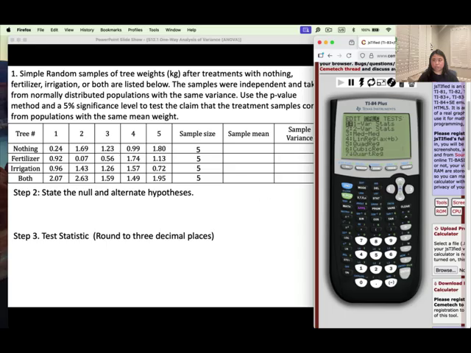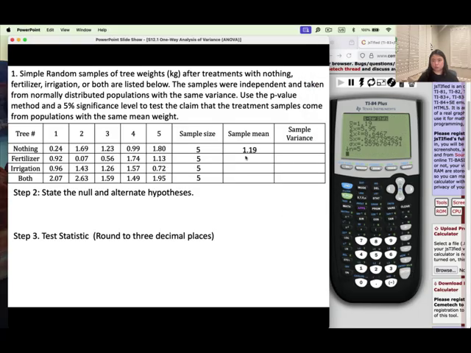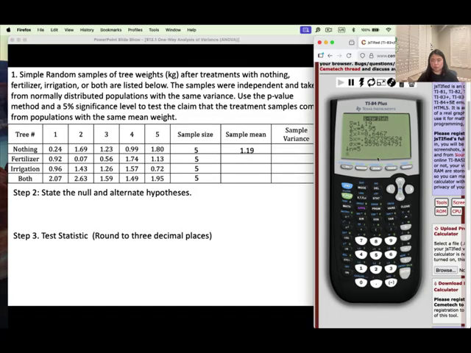So I'm gonna go to the stat, calc, number 1, one variable statistics. Second 1 for L1, calculate. So I do have 1.19 here. Okay, for the sample variance, we're gonna use the sample standard deviation. Try to get more decimal places in here, 0.625739. And then take the square.